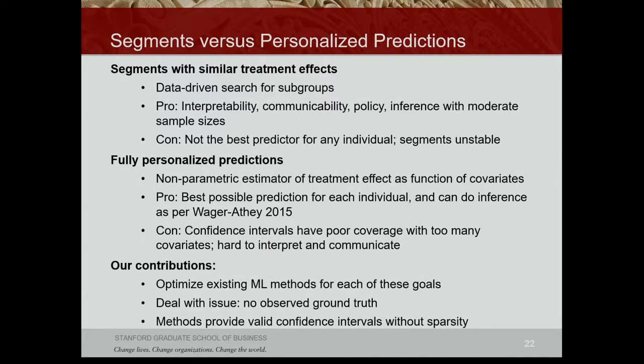We're going to do two different types of heterogeneity. They're related, complementary. One is that we're going to look for segments or subgroups. That's going to be based on regression trees or recursive partitioning. I'm going to take the data and divide it into some groups, maybe 10 groups or 5 groups, the data is going to tell me. And within each group, I'm going to estimate a treatment effect. Those are going to be interpretable. They're not the best for prediction, but they're very good for getting valid standard errors that are very reliable.